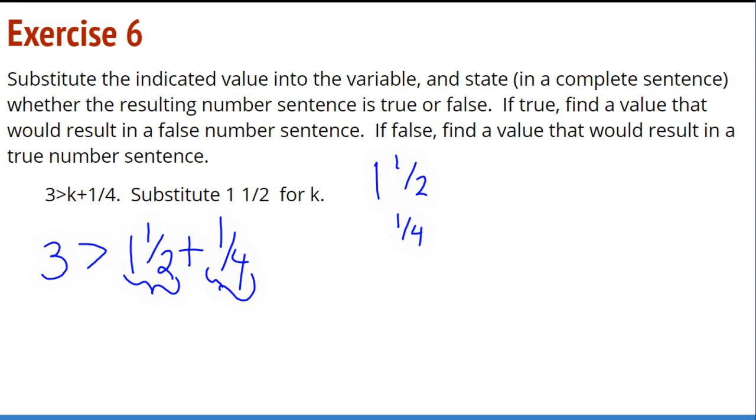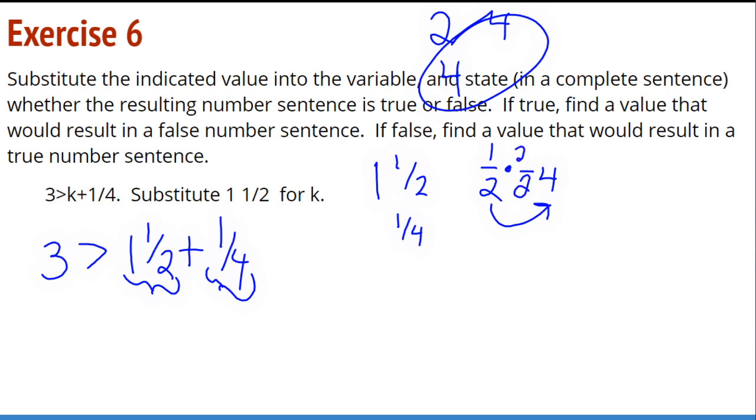I need common denominators, so I have to take the half and I need to scale it up to the least common multiple of 2 and 4, which is 4. So here's my multiples of 2 and my multiples of 4. So my 1/2 scaled up, so I'll multiply it by a fraction equal to 1.